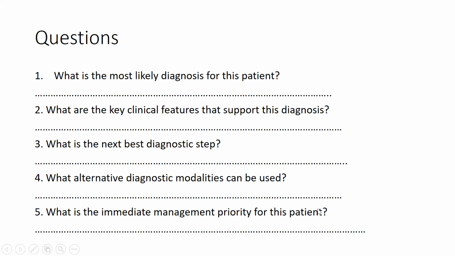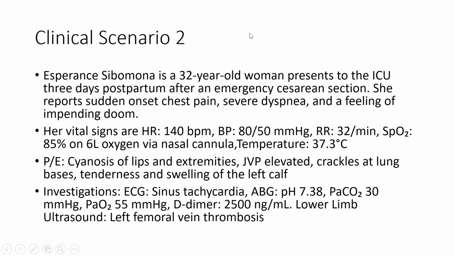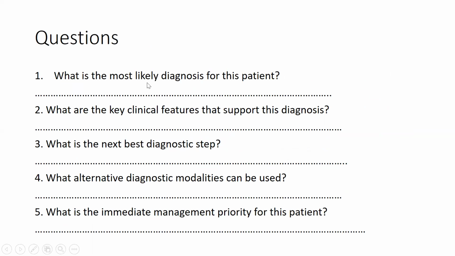George, what is the difference between Westermark sign and Hampton hump sign on chest X-ray? I can't exactly recall, but I know that Westermark sign is an area of oligemia beyond where you have the clots.